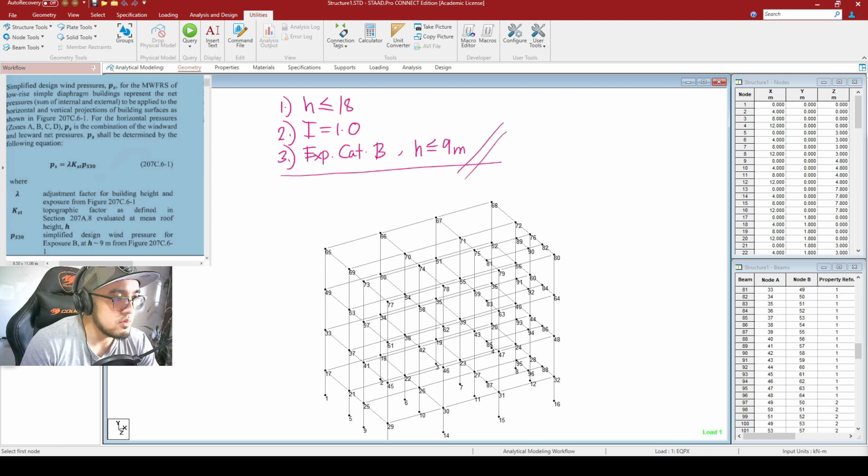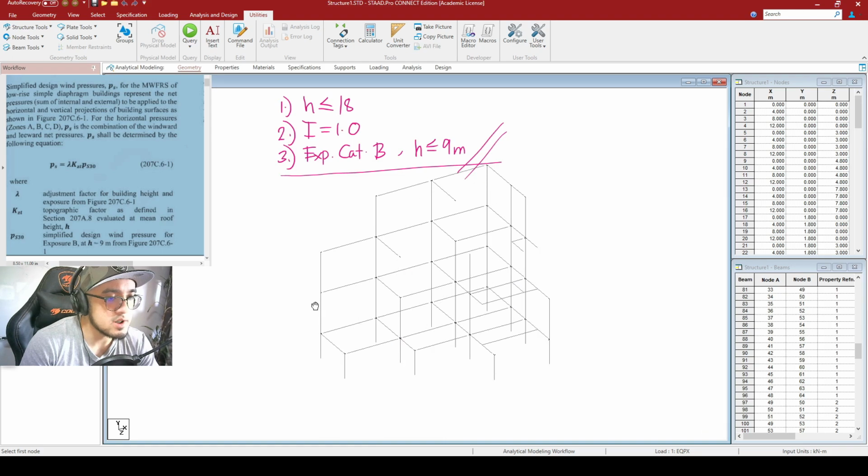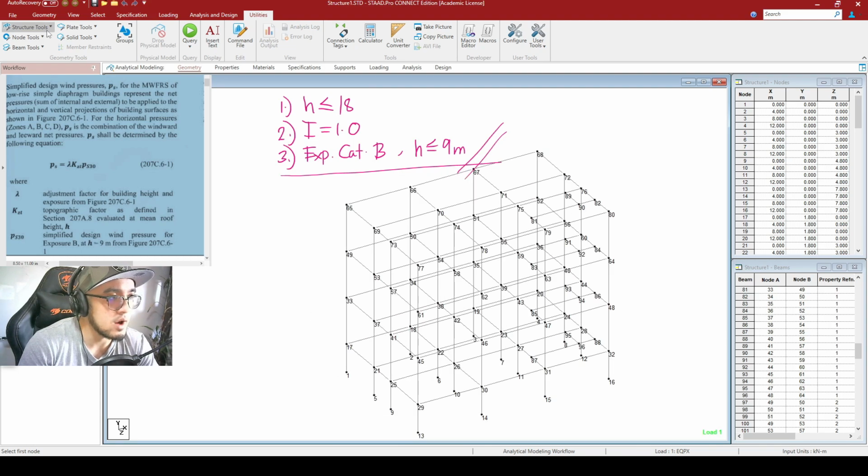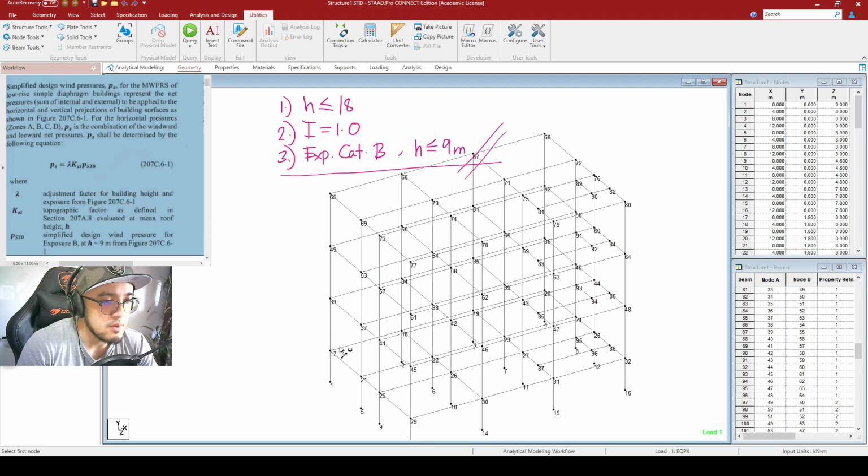Let's go to the first criterion first. Let's check if our building has a height less than 18 meters. We start from the ground floor. So node tools, then node to node distance. I would get the node to node distance from the ground floor up until our top floor.